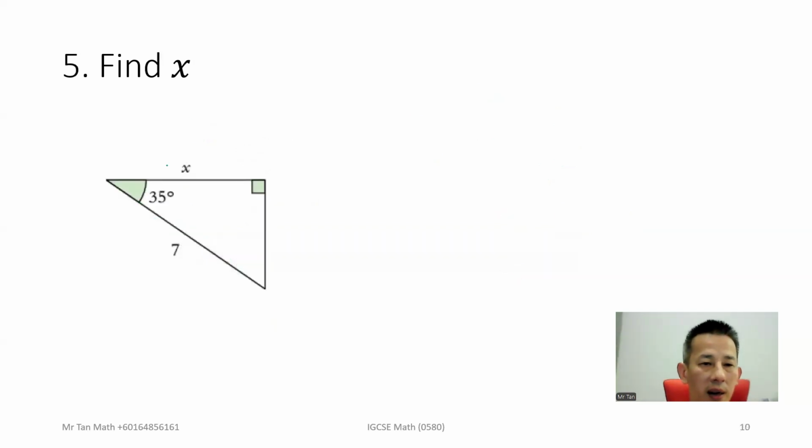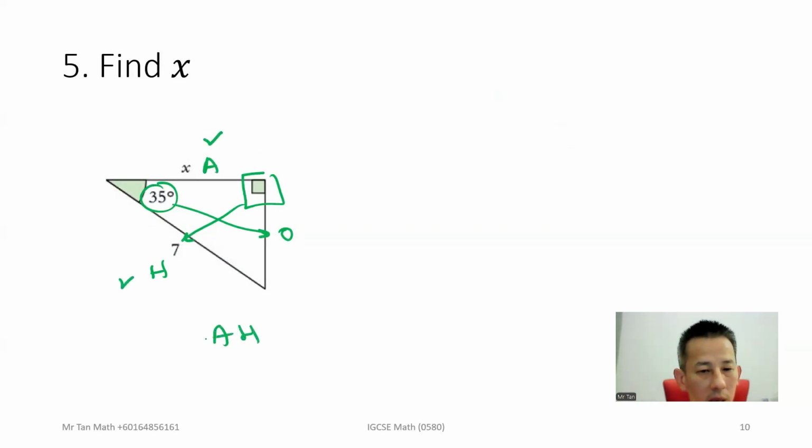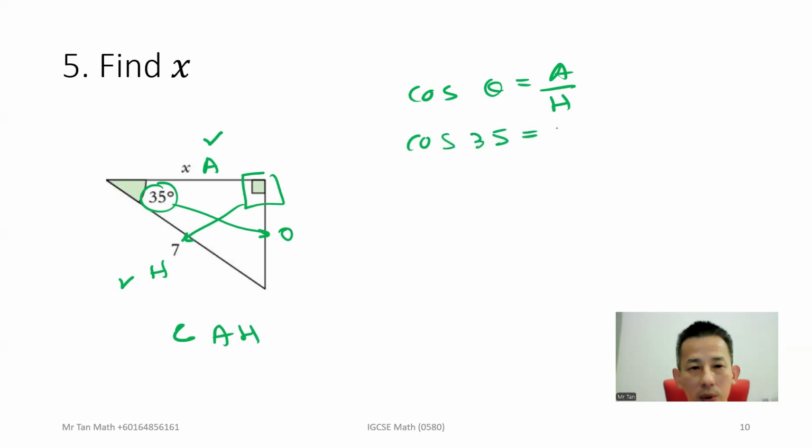Okay. Number 5, next question. So it's a right angle triangle. The next step, you identify the H, O, A. So now you're dealing with A and H. So AH will be cos theta equal to A over H. So cos angle 35 equal to A, which is x, over H, which is 7.